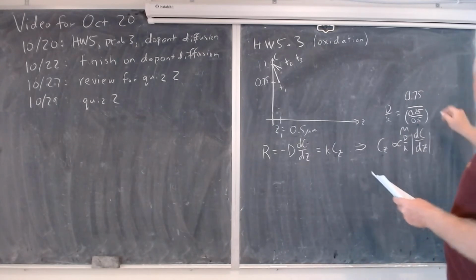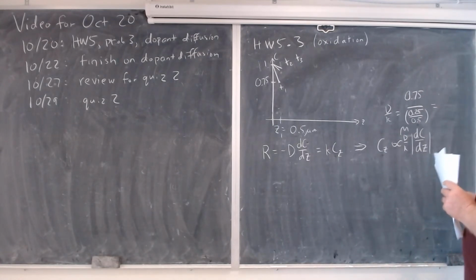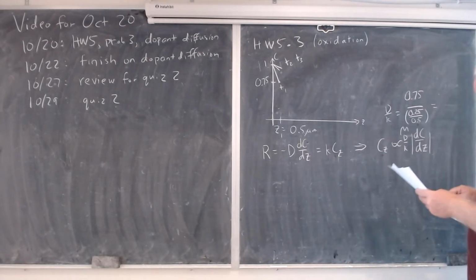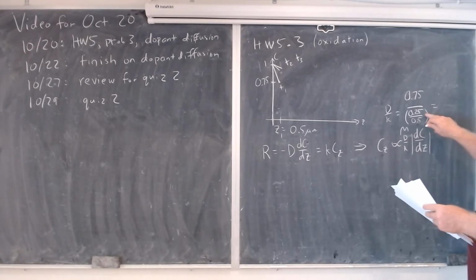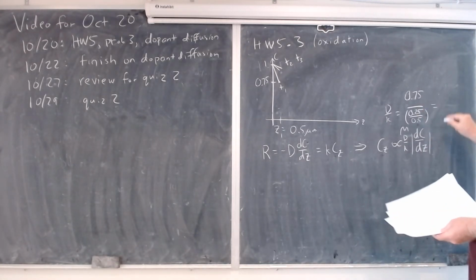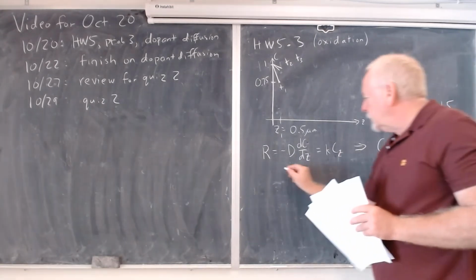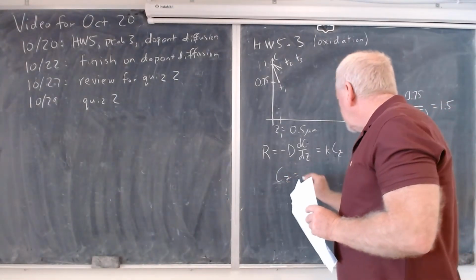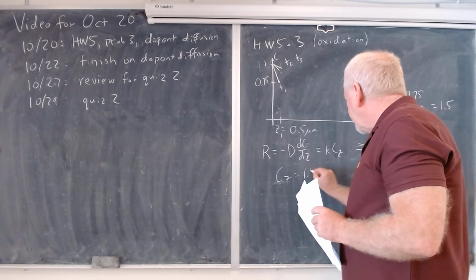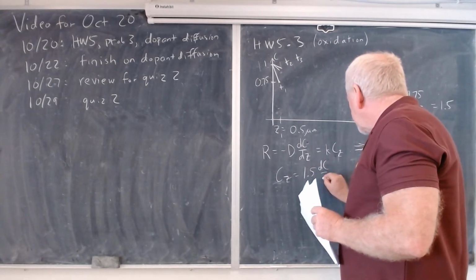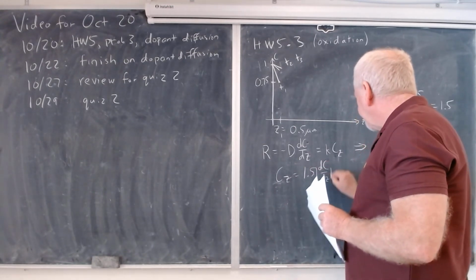If you work that out, it's 1/3 times, because you bring the 3 on top, 1.5. So you have that Cz is equal to 1.5 times the absolute value of dC/dZ.